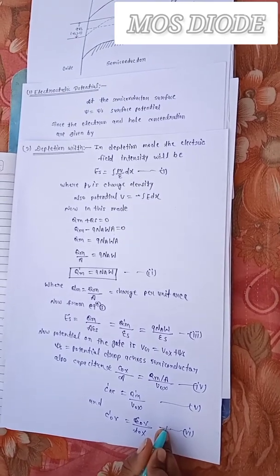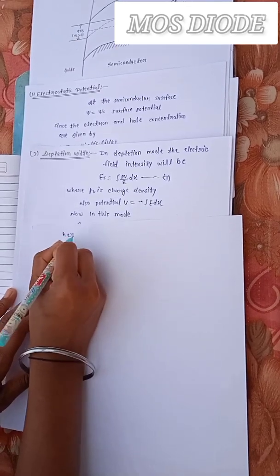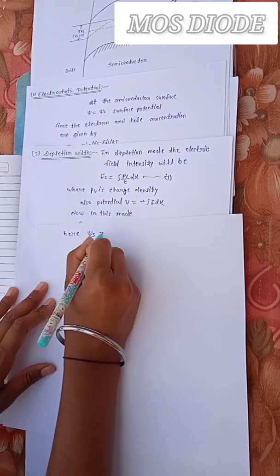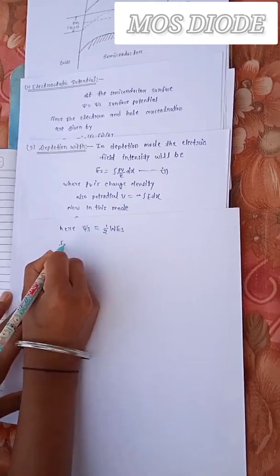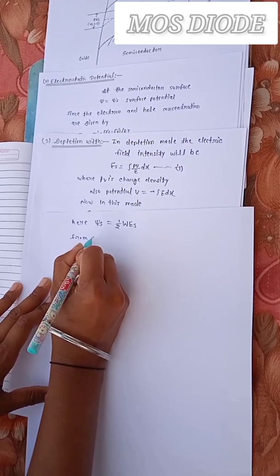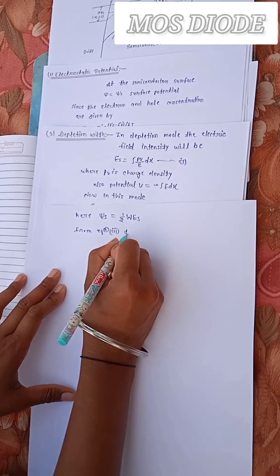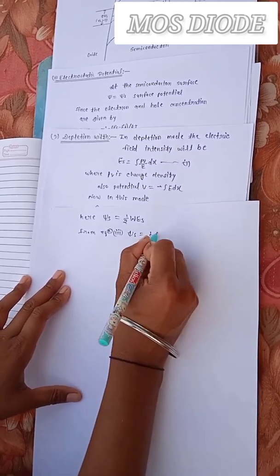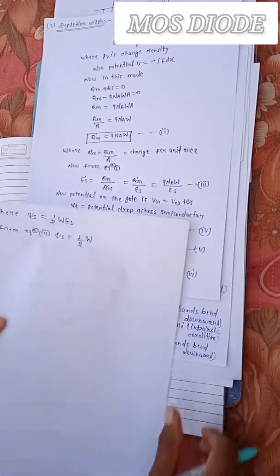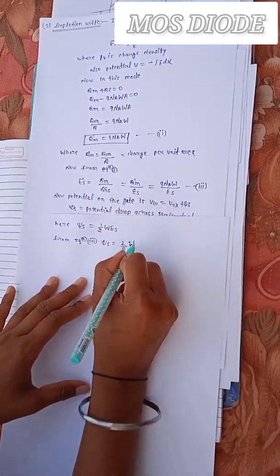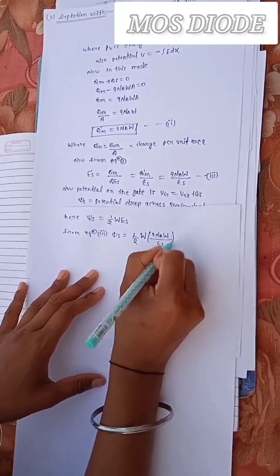And here phi s equal 1 upon 2 W Es. Then from equation number 3, phi s is equal 1 upon 2 W, and the value of Es in equation number 3 is q Na W upon epsilon s.